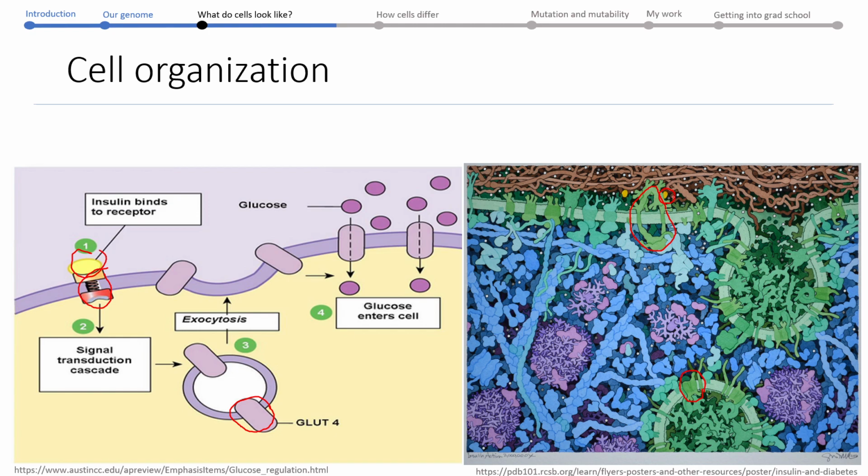And so we can see that when insulin is in the blood, and this is the bloodstream up here, when insulin attaches to one of these receptors, the receptor interacts with many, many proteins, and the cytoskeletal elements are in charge of bringing this vesicle to the surface. The vesicle will fuse with the cell surface membrane.